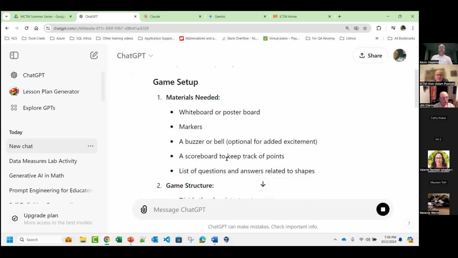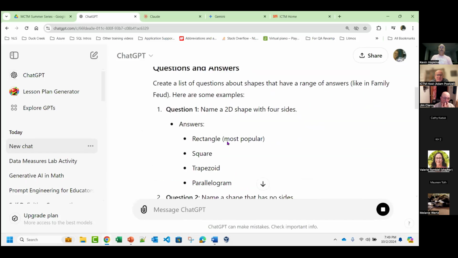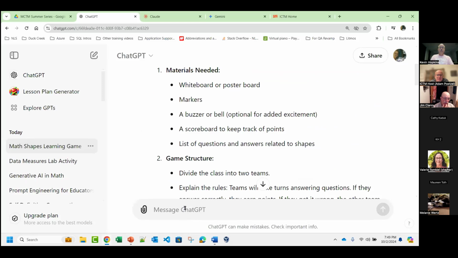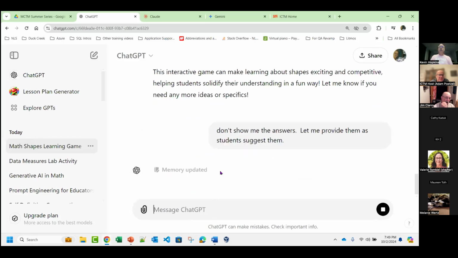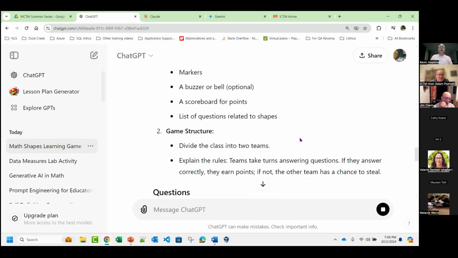And so here are the materials needed, the game structure. Okay. So I'm going to say, don't show me the answers, let me provide them as students suggest them.